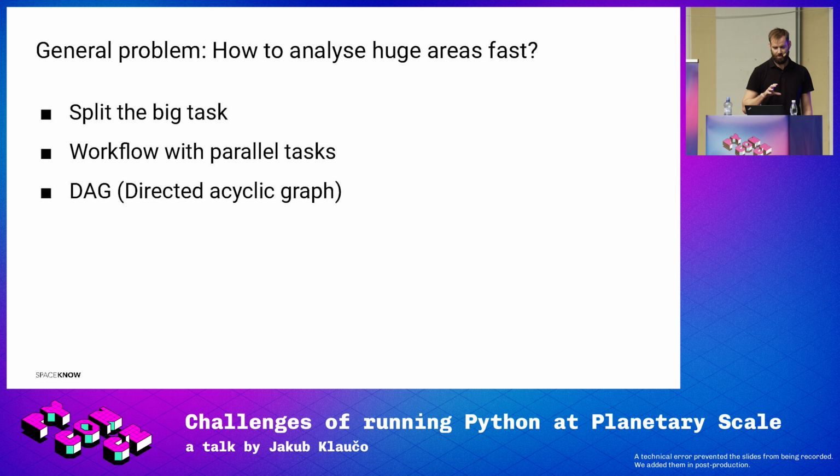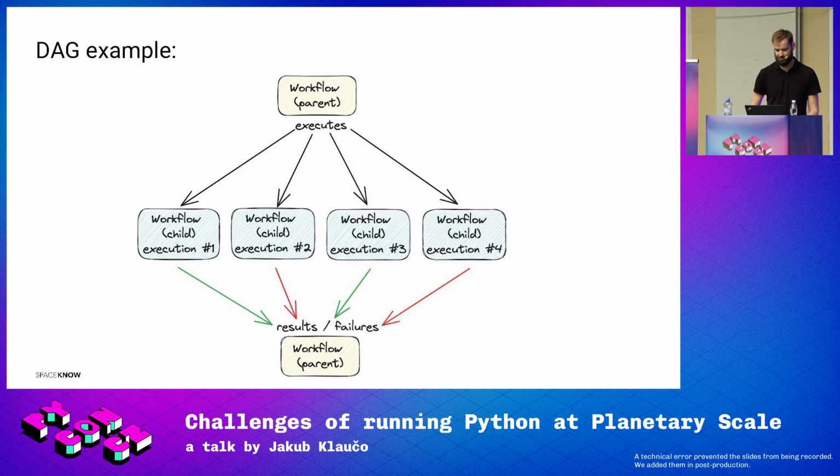So in this talk, when I refer to parallel processing, I'm referring to workflows running in parallel with parallel tasks. To make sure that each task finishes eventually, we use directed acyclic graphs. Some of you might remember it from school, and it's very handy for our use case. So what is it?